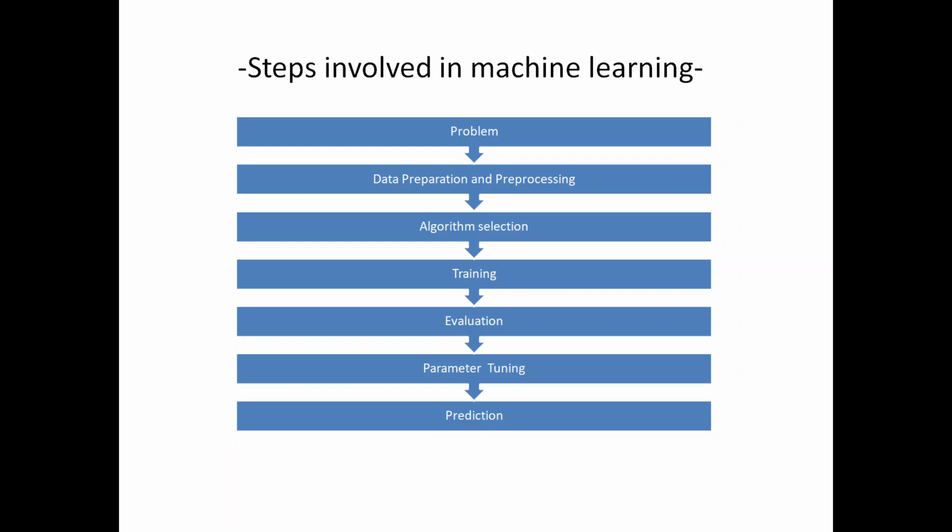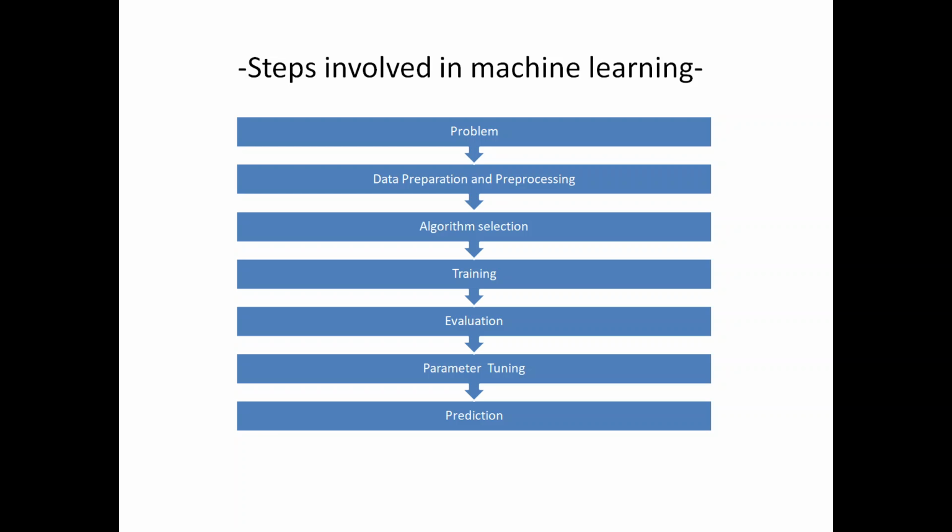Data pre-processing is done to improve the quality of data. In this, we try to look for inconsistency and outliers in our dataset. Next step is algorithm selection or model selection, which is selected on the basis of the problem and the dataset used.